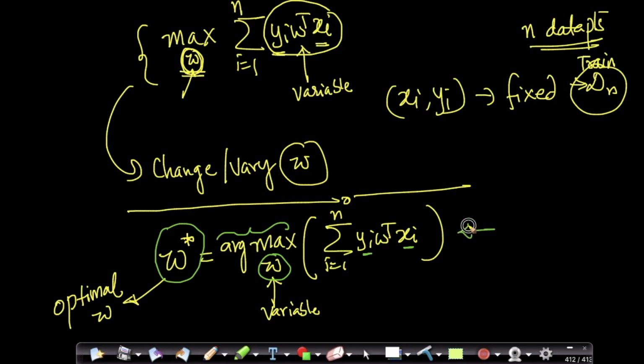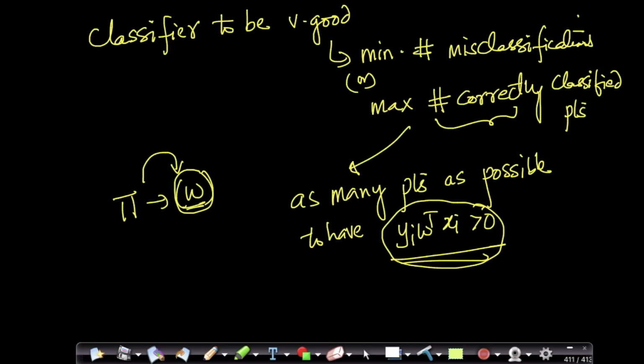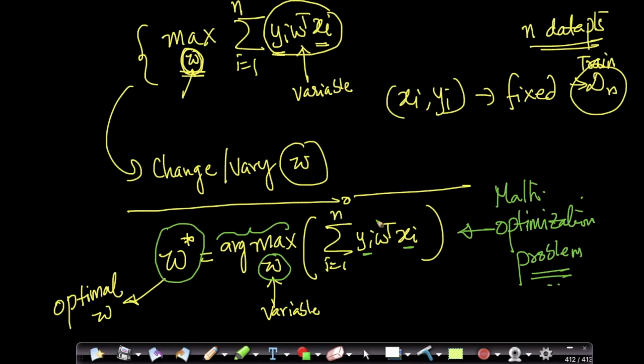So this is the mathematical optimization problem that we want to solve. Because if I solve this problem, I'll find the optimal w star, and that w will be my normal to the plane.